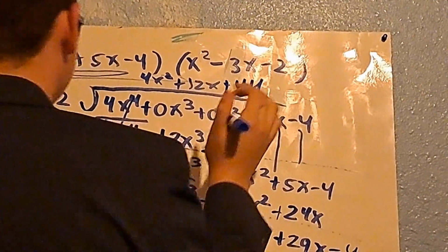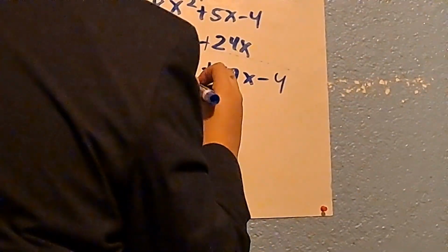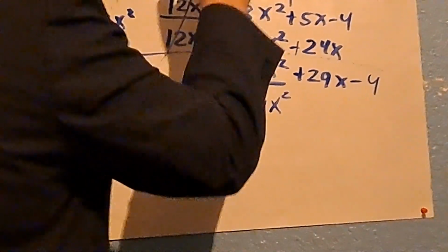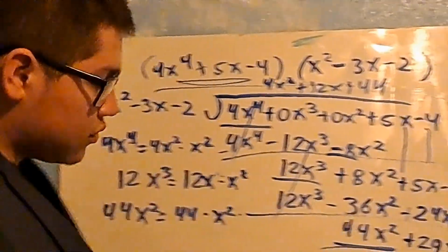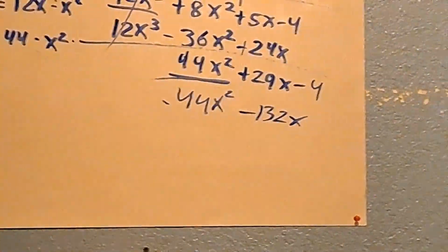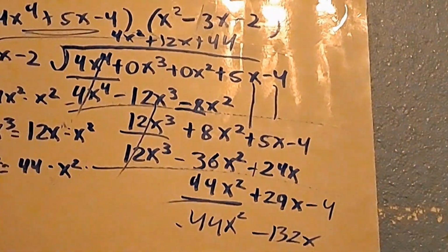So now we'll have 44. We know 44 times x squared is 44x squared. 44 times negative 3x would equal negative 132x. And 44 times negative 2 would equal negative 88.